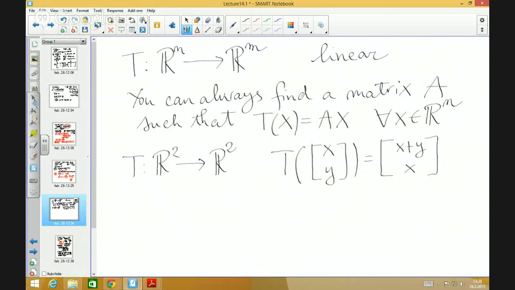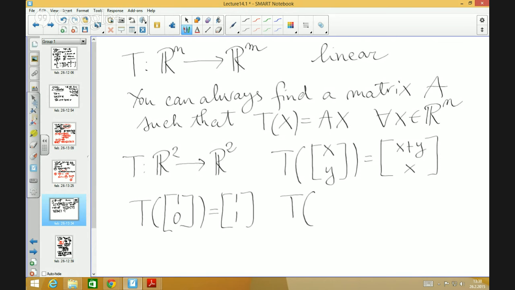So we ask ourselves, what is T of (1, 0)? Well, we don't need to guess, we just need to calculate. So what is it? It's (1, 1), because 1 plus 0 is 1, and then we take 1 as the second coordinate.